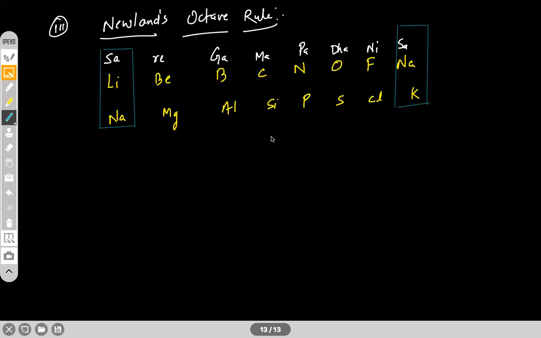And all the elements could not be classified on this basis. Hence, we discarded this particular rule. Clear?